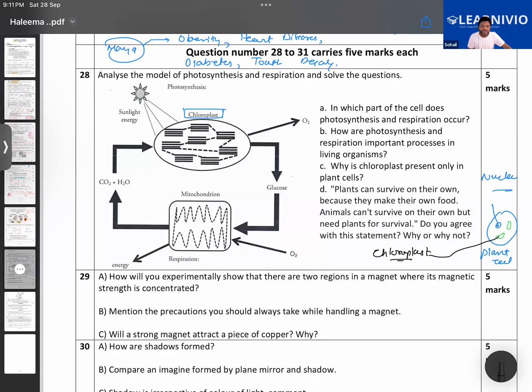So can we say that photosynthesis is occurring in the chloroplast or not? Yes, exactly, it contains chlorophyll.